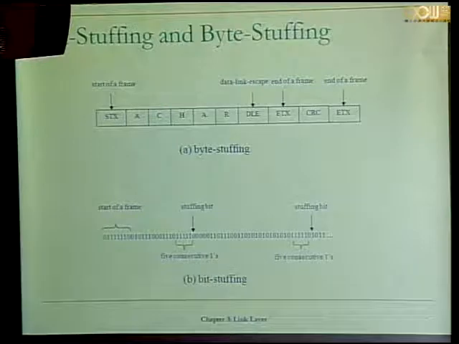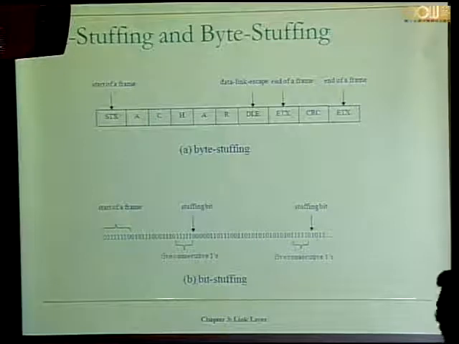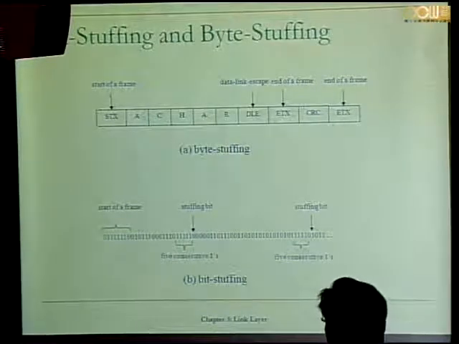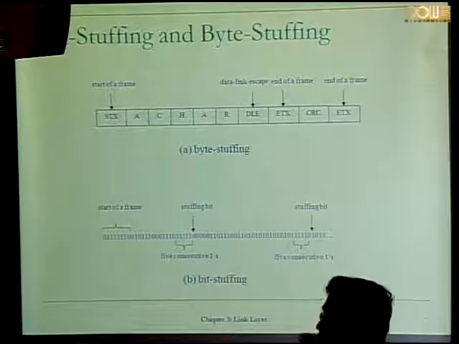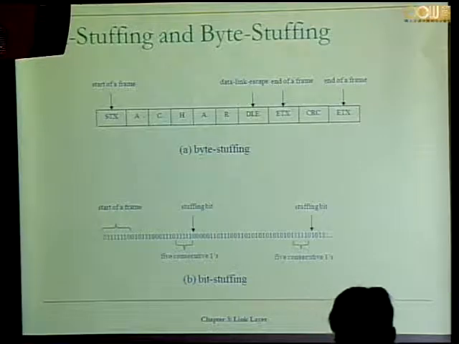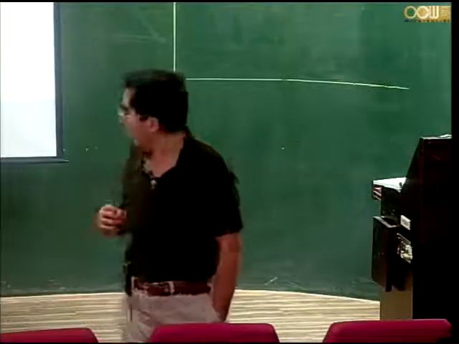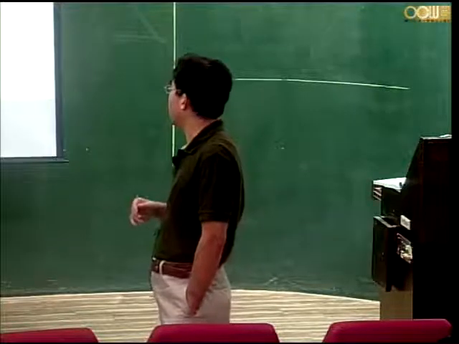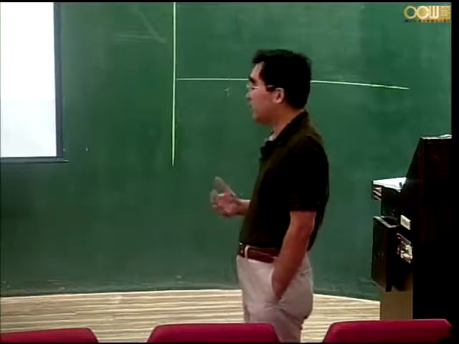How about bit stuffing? Bit stuffing is a little bit tricky. Say the special bit pattern you use is 0, then 6 consecutive ones, and then 0. That's the bit pattern for the start of the frame and the end of the frame.